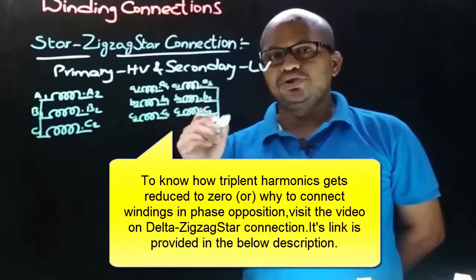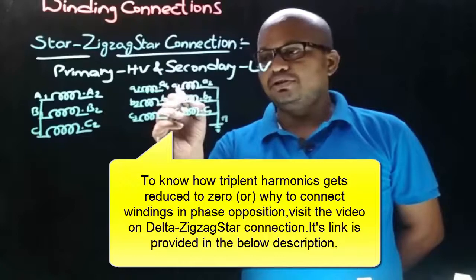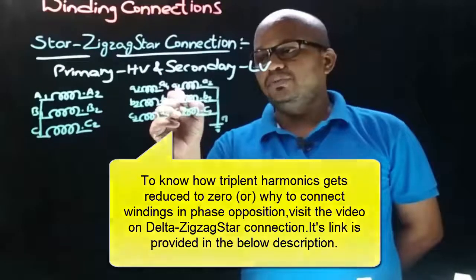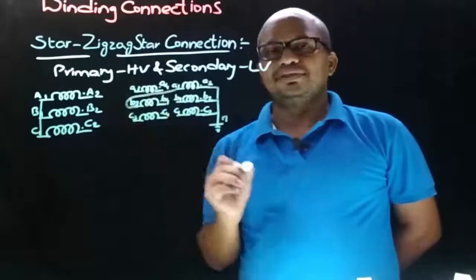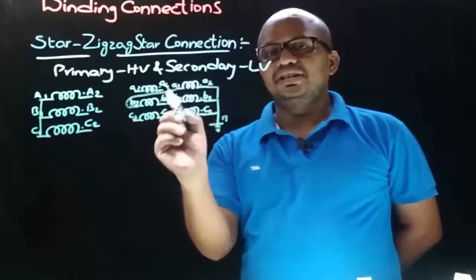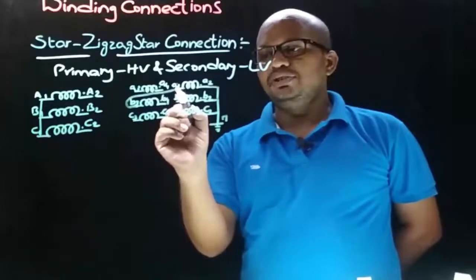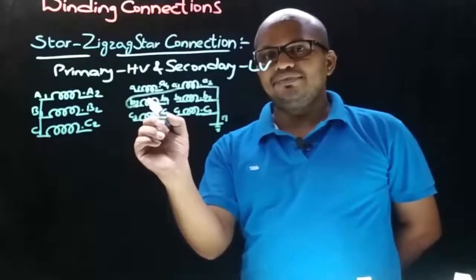So a1 here is the non-dot end of the a phase, which is connected to the non-dot end of the b phase. With this connection we can say that this winding and this winding are connected in phase opposition, because we join the non-dot end terminal of this winding with the non-dot end terminal of this winding.